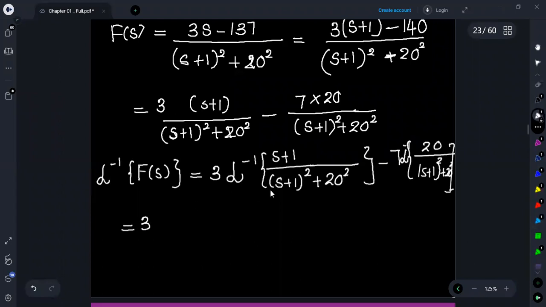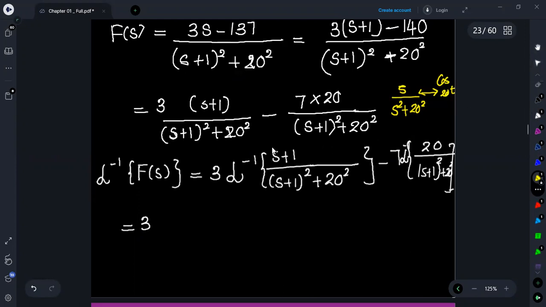This is 3 times s over s squared plus 20 squared, which is the Laplace transform of cos 20t.